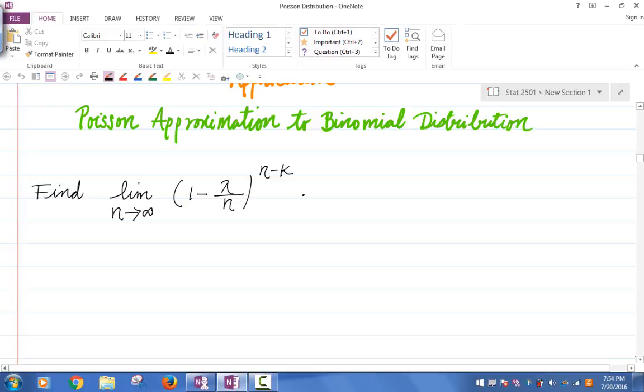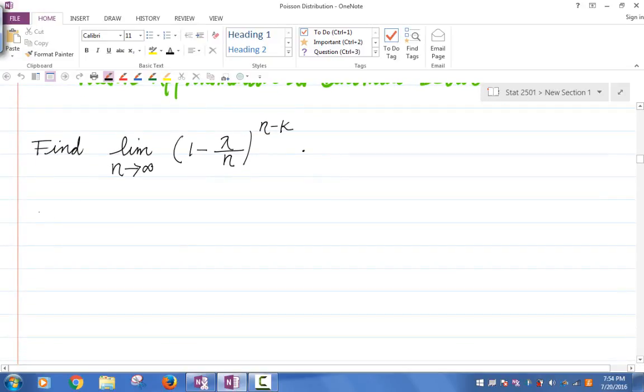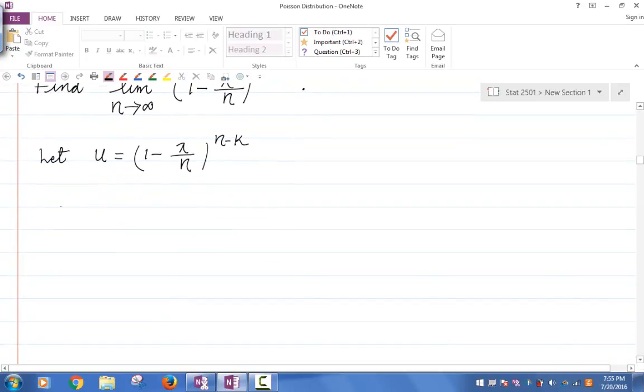So in order to compute this limit, the first thing I'm going to do is let u be equal to (1 minus lambda over n) to the power n minus k, and we will take the natural log of both sides. So when I take the log of the right hand side, I'm going to get ln of (1 minus lambda over n) to the n minus k.